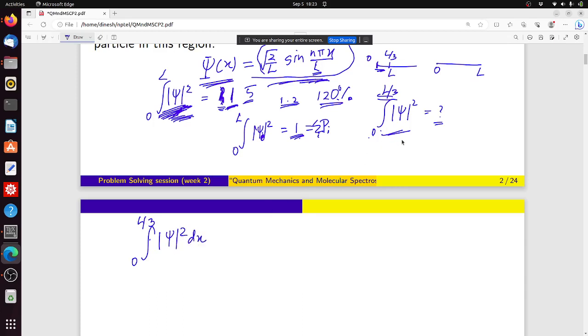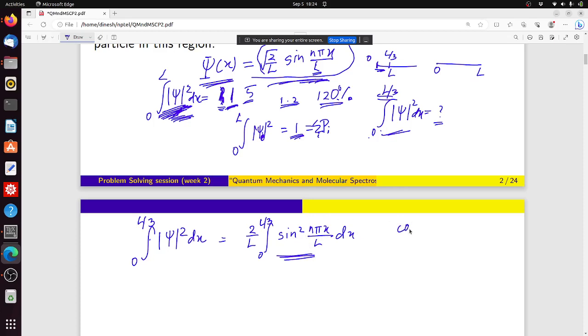So squaring this, that means 2 by L, 0 to L by 3, then sine square of pi x by L. Okay, so we can't do integration directly of sine square, so we have to convert it to linear form.